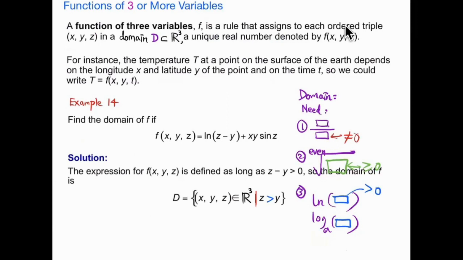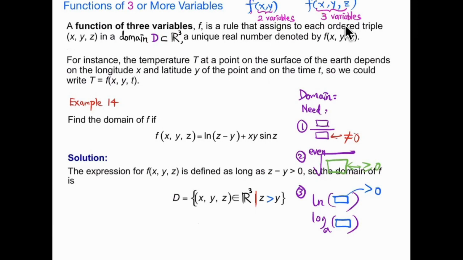Next, we're going to talk about functions of three or more variables. A function of three variables. Well, we have functions of two variables. Now we just need to add one more variable. So before we had functions of two variables, now we're going to talk about functions of three variables. Just add one more variable here: x, y, z in domain D, which is a subset of R3.